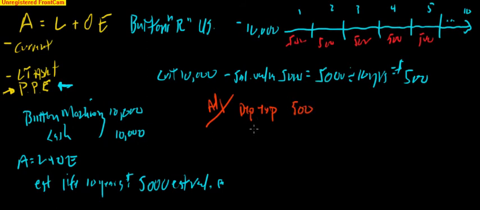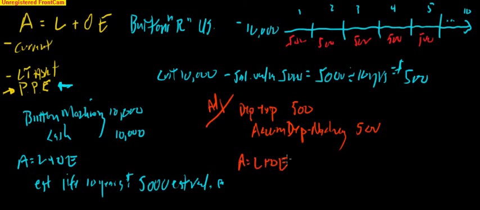Credit, and we're going to credit something called accumulated depreciation, machinery or button machine, $500. Now, this depreciation expense, assets equals liabilities plus owner's equity, and then what's impacting owner's equity? It's net income, which is revenue minus expense.